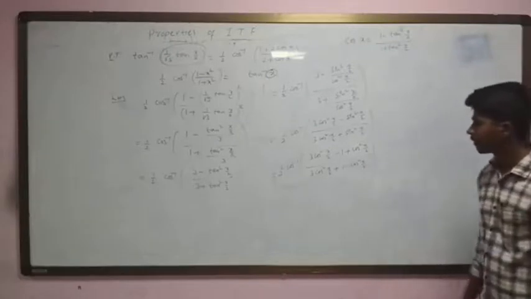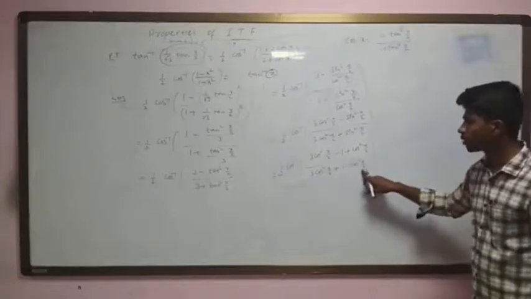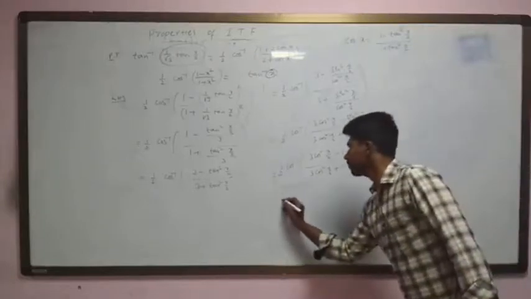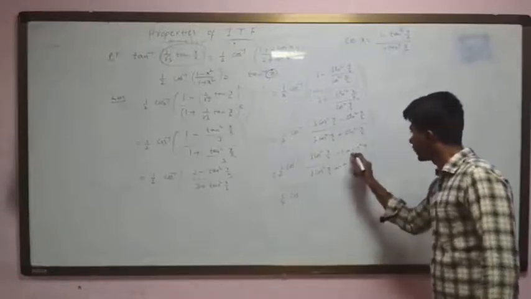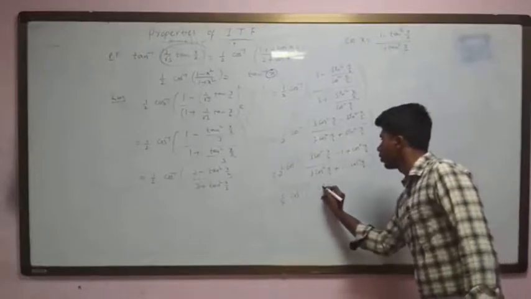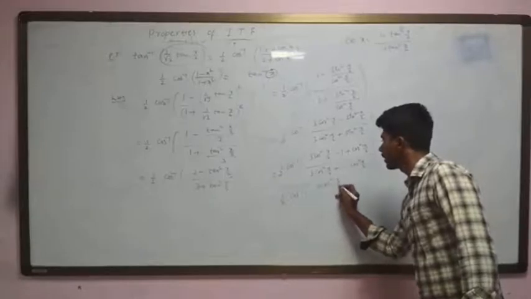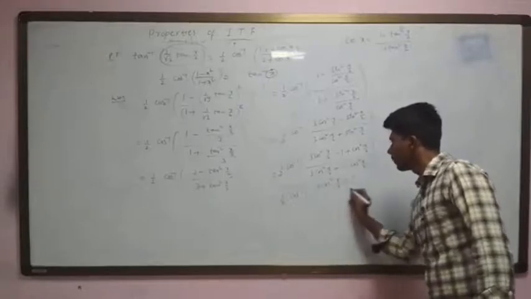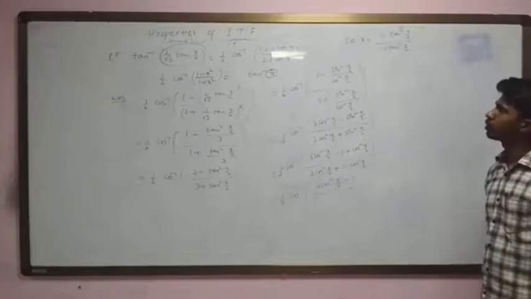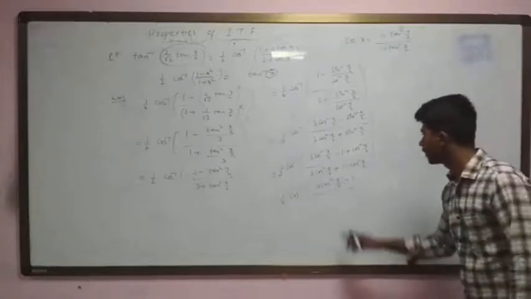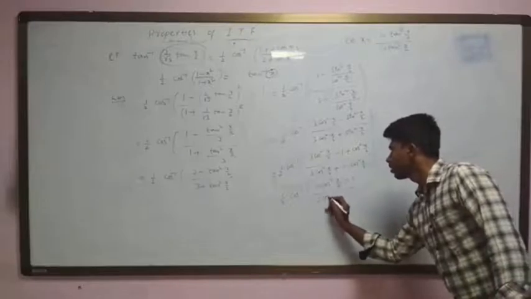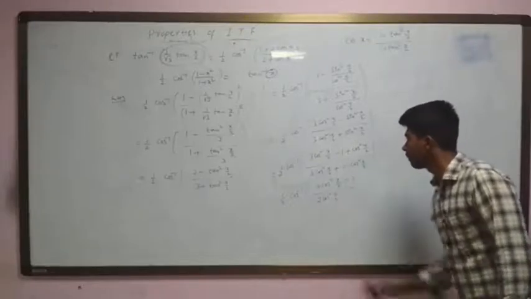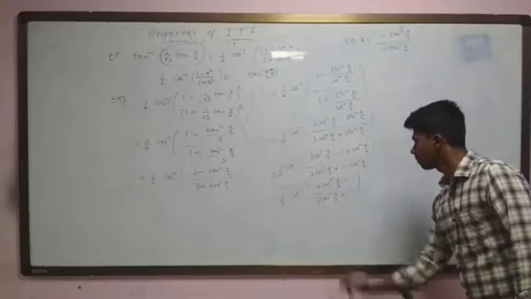Now 3 cos square x by 2 plus cos square x by 2 is 4 cos square x by 2 minus 1, by 3 cos square x by 2 minus cos square x by 2, which is nothing but 2 cos square x by 2 plus 1.